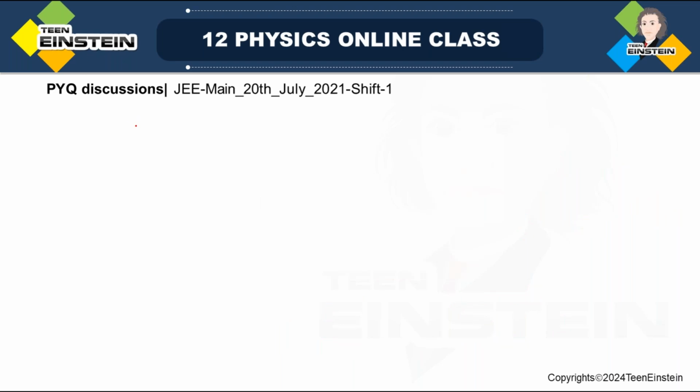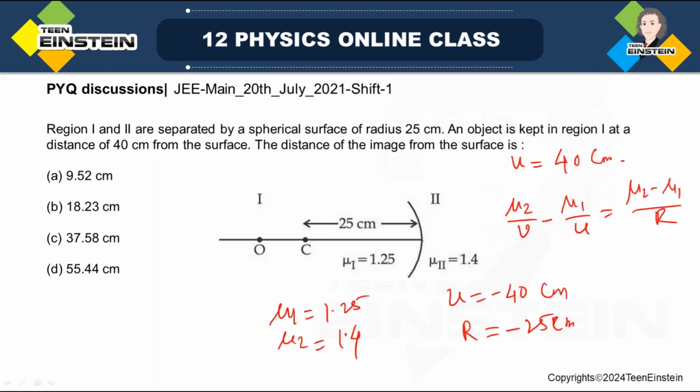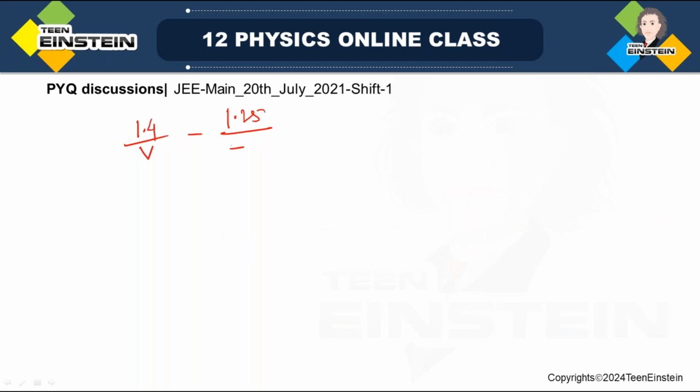I get mu2 by v, that is 1.4 by v, minus 1.25 divided by, this is mu1, 1.25, that's why I'm writing here, please don't get confused.